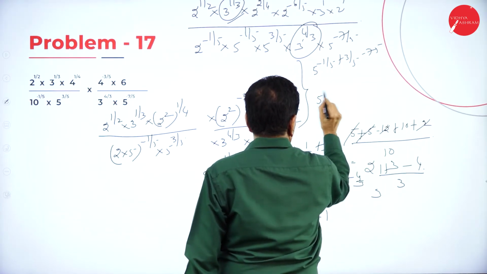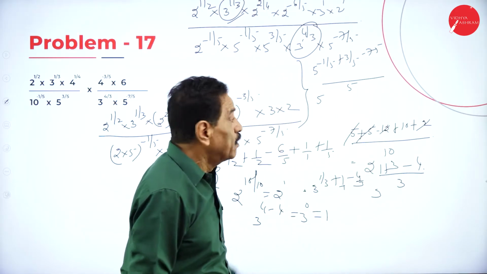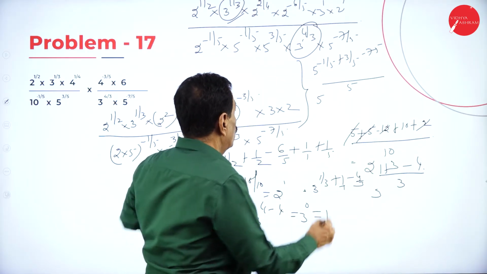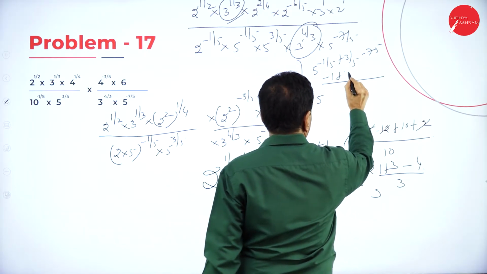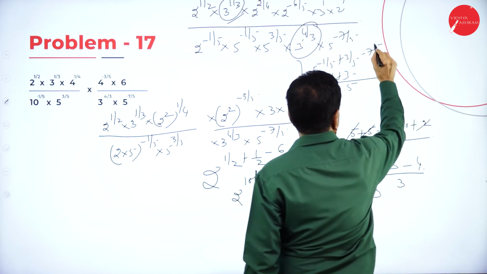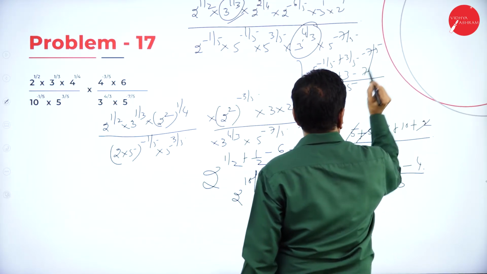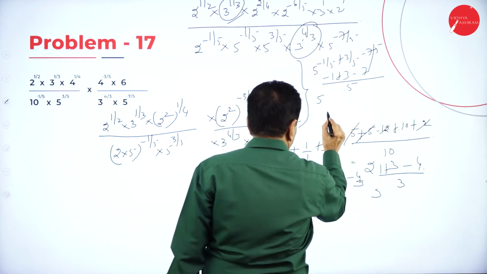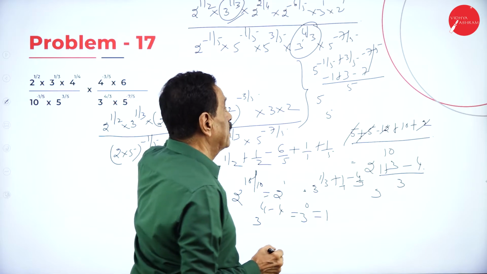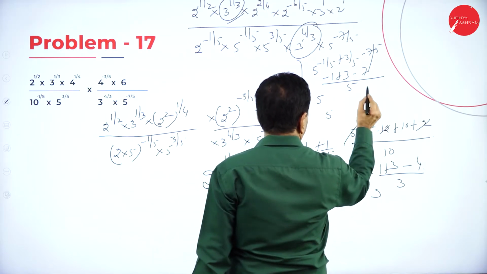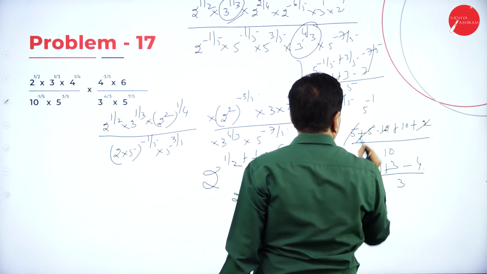So 5 to the power of, if we take the 5 as a common, 5 ones are 5, 1 ones are minus 1, plus 5 ones are 5, 1 threes are 3. This is 7 by 5, 5 ones are 5, minus 7. This is 5 minus 7 minus 5 minus 8. This is minus 5 divided by 5. This is 5 to the power of minus 1.